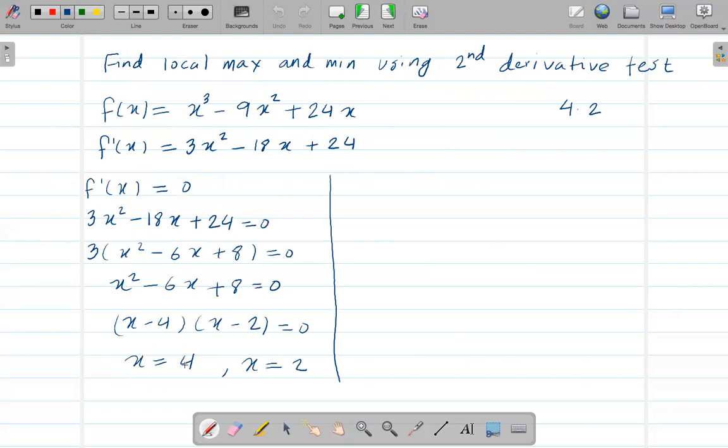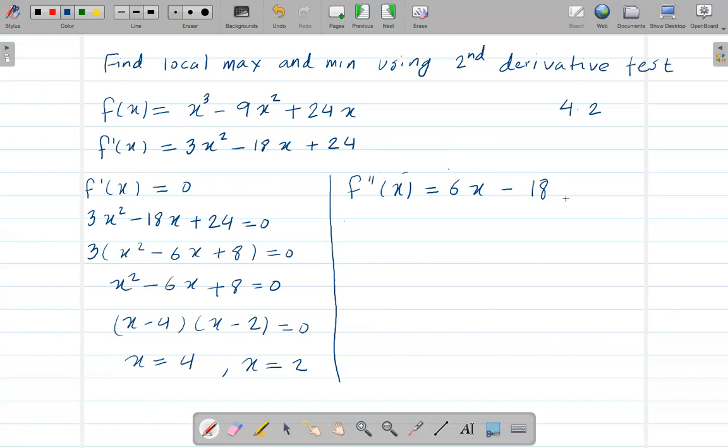So let's take this point, x equals 4. We haven't found f double prime, right? So let's find that first. So f double prime is going to be, from this, bring this 2 down here, so that will be 6x to the power 2 minus 1, which is just 1, minus 18. So that's f double prime.